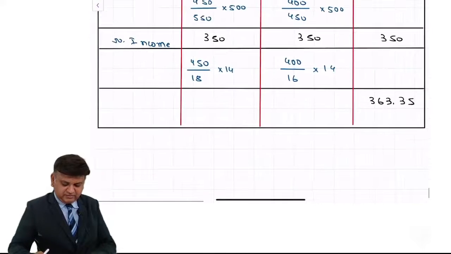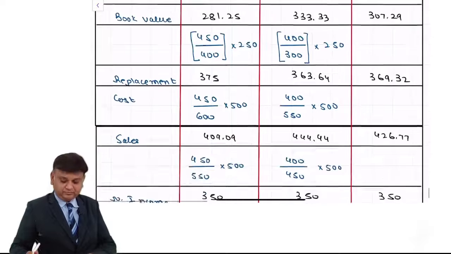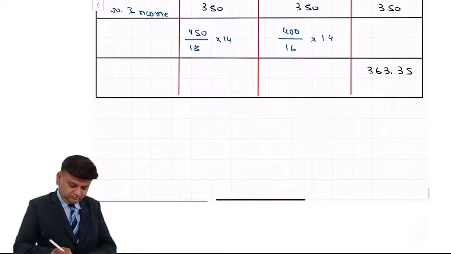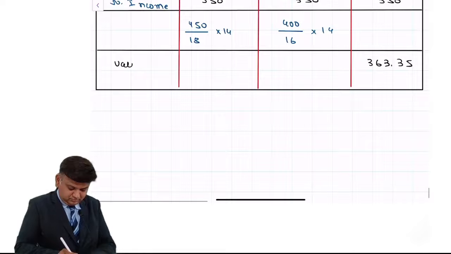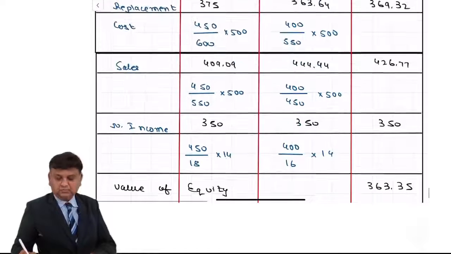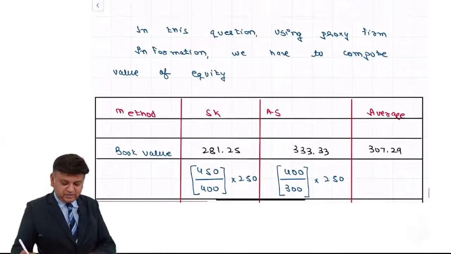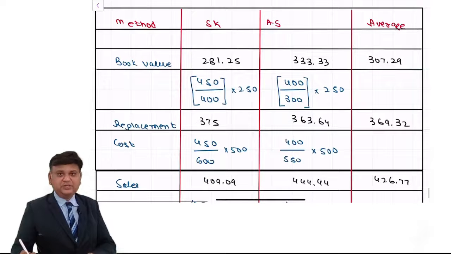This is the way we'll make the calculation of the value of the equity. This is the way the value of the equity is calculated using the proxy firm information.